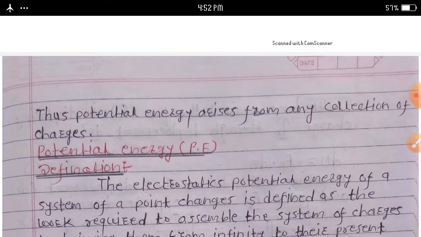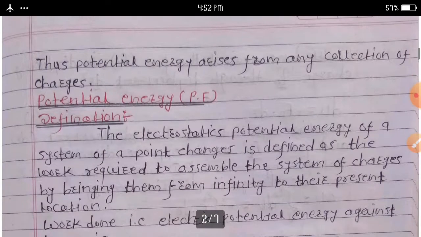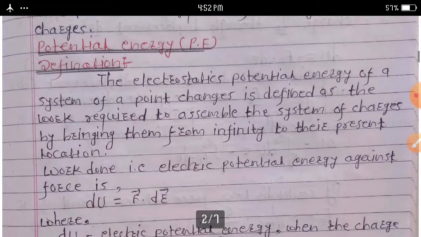Firstly, we discuss what is meant by electrostatic potential energy.